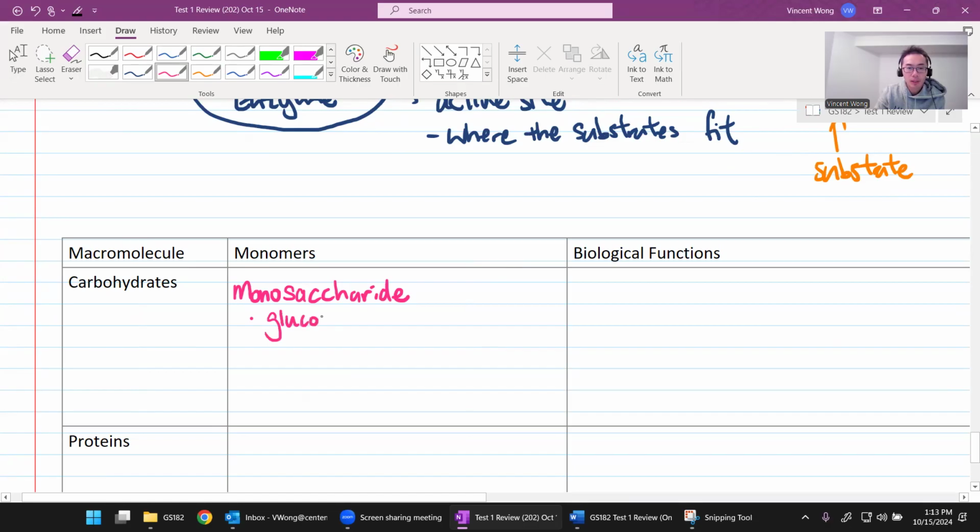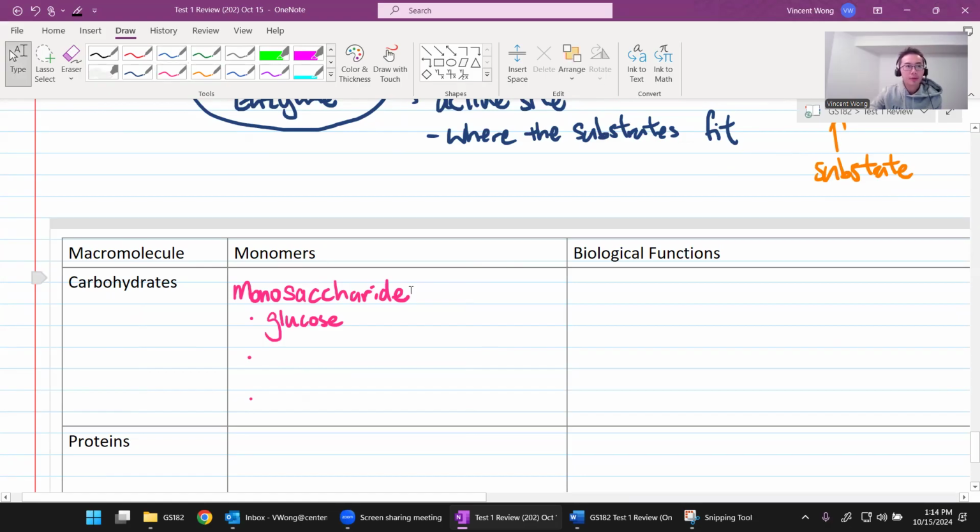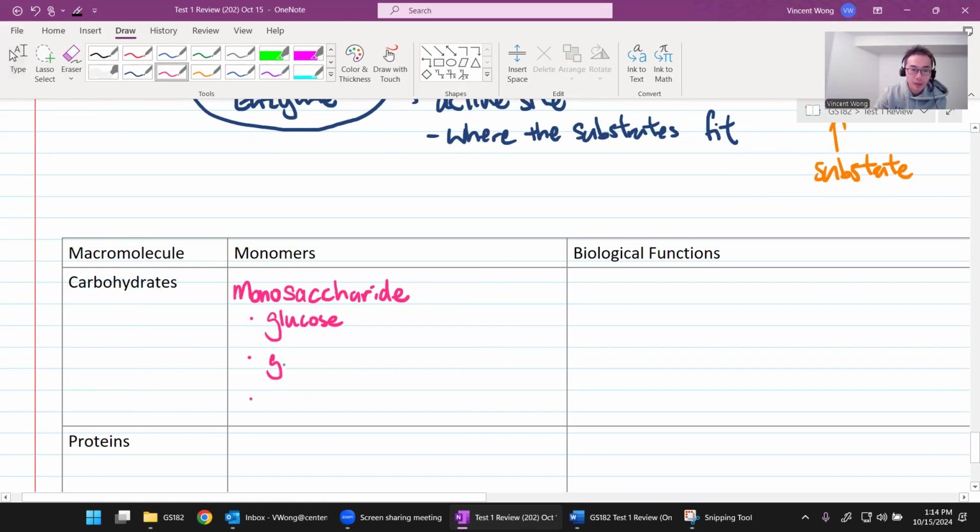Glucose. What are the other 2? Anybody remember? Galactose, fructose. Excellent. There is galactose as well as the fructose. Okay, so of course they can combine together to form different disaccharides. You can review that.